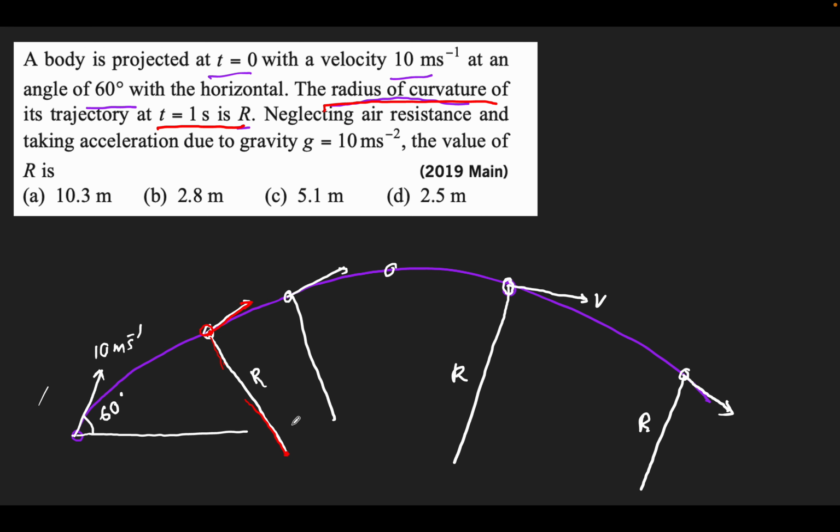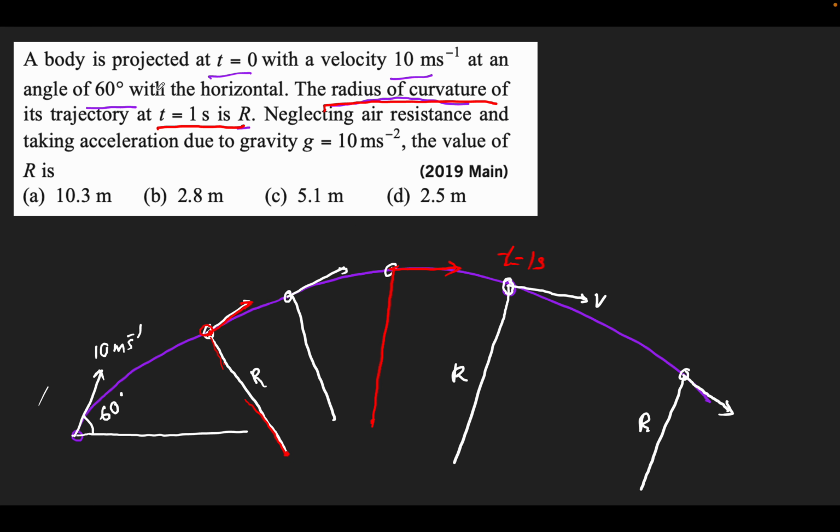We need to determine that. Here we are asked to determine it at t equal to 1 second. At this point the velocity might be like this, horizontal. Then the radius will be along this line, where we don't know, we have to determine. So in this question it is asked at t equal to 1 second what is the radius. That is the question. It's very important to understand the question first.